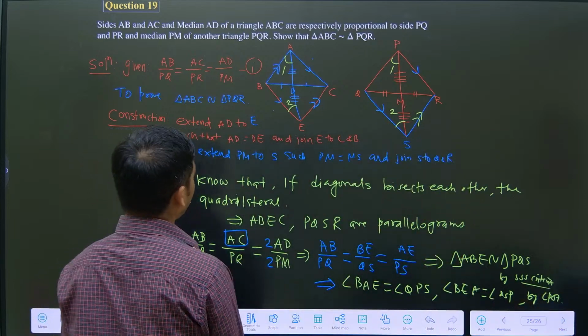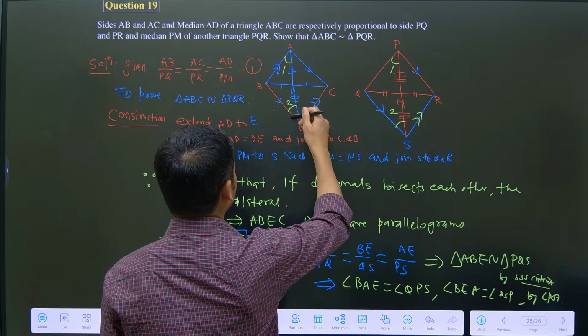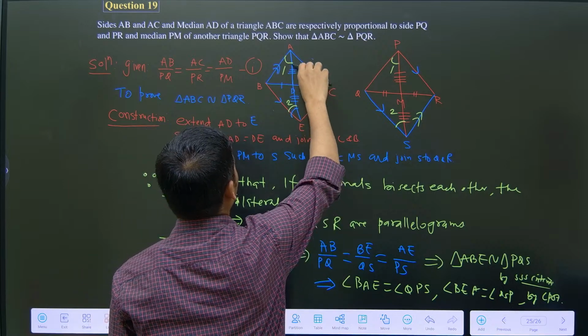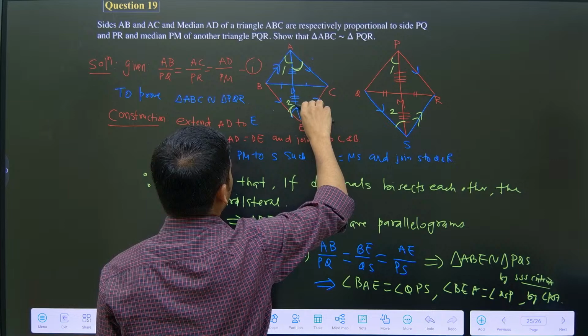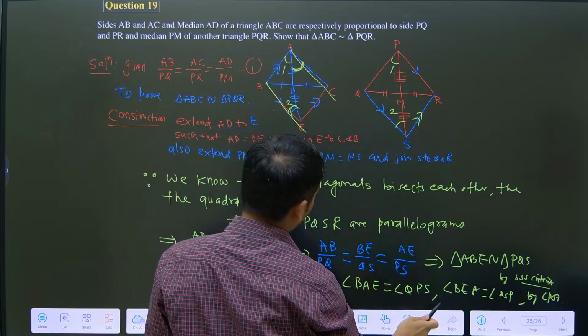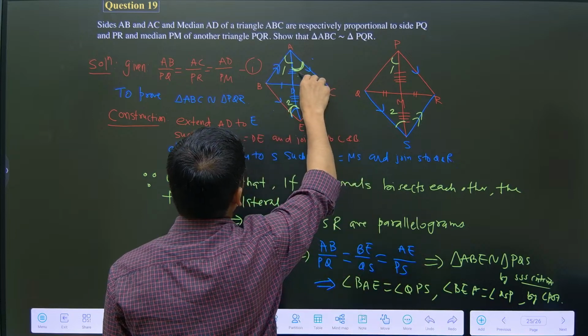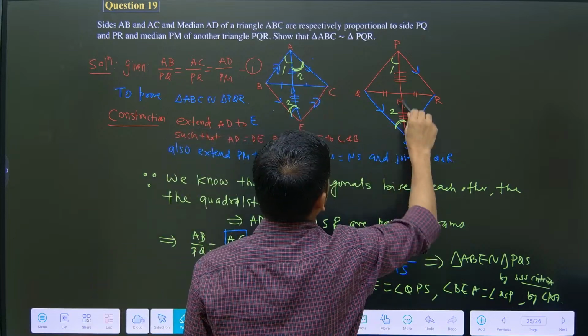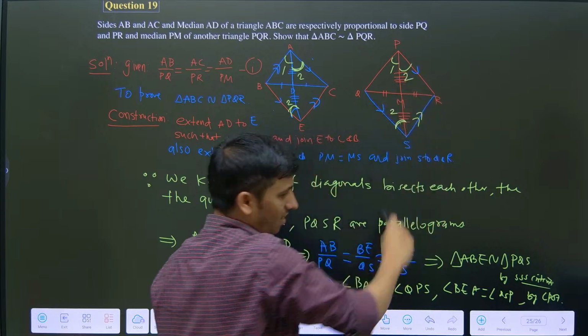Does it make sense? And now you see, can you guys tell me this angle and this angle, are they equal? Because they are alternate interior, it's a parallel line, right? Parallelogram. So this will also be angle 2, and here if you see, this angle and this angle will also be 2, right?